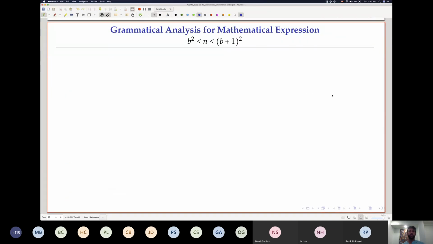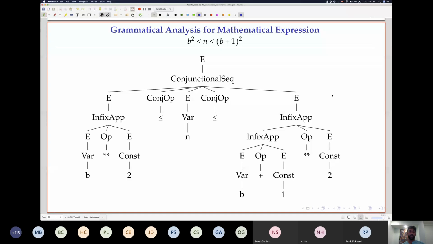So this one that I mentioned earlier about a number b such that its square is at most n, and then the one after it is at least n, right? We can think of our expression, instead of a sentence, we have an expression, call it e. It's a conjunctional sequence. So we have b squared is at most n, and n is at most b plus 1 squared. Right? So that's what it means to say conjunctional.